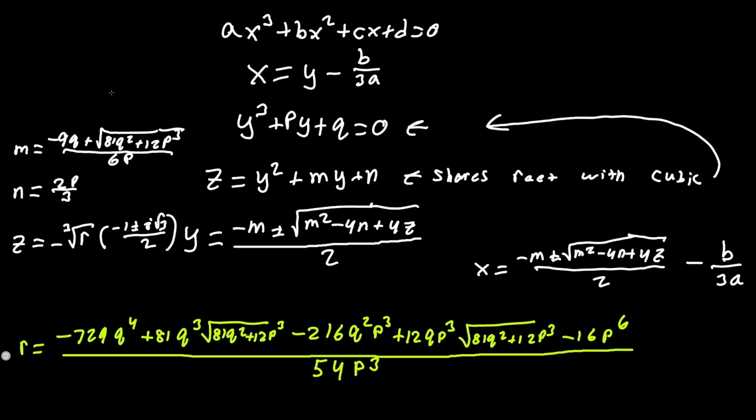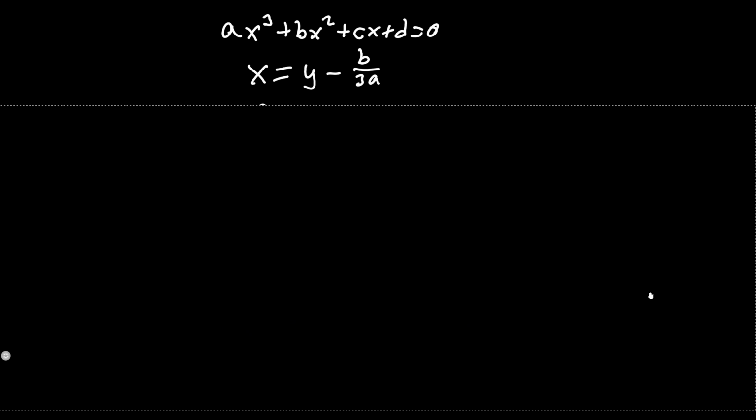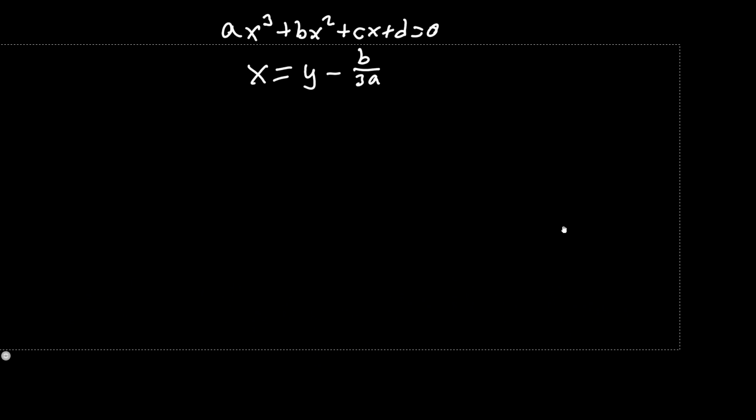So let's go ahead and look at an example. Let's look at the cubic x cubed minus 3x plus 2 is equal to 0.